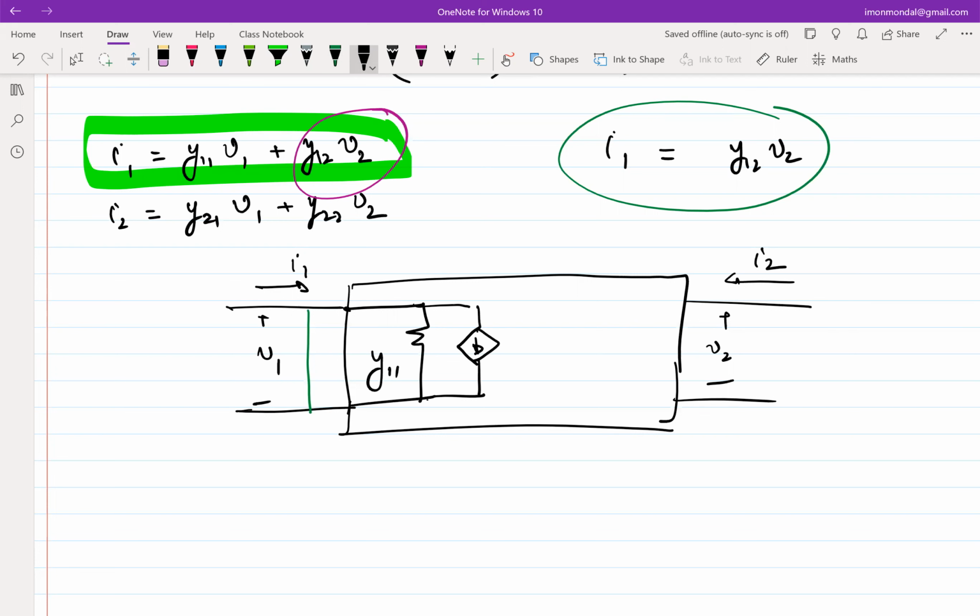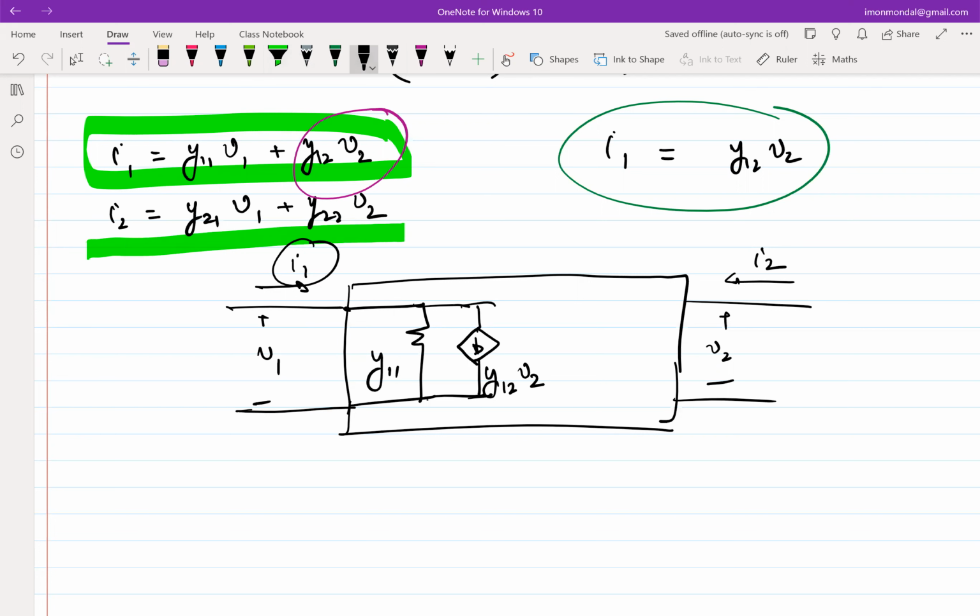The direction of the current is going downwards because I have expressed I1 in the direction that is going inside the port, right? So this is Y12 V2.